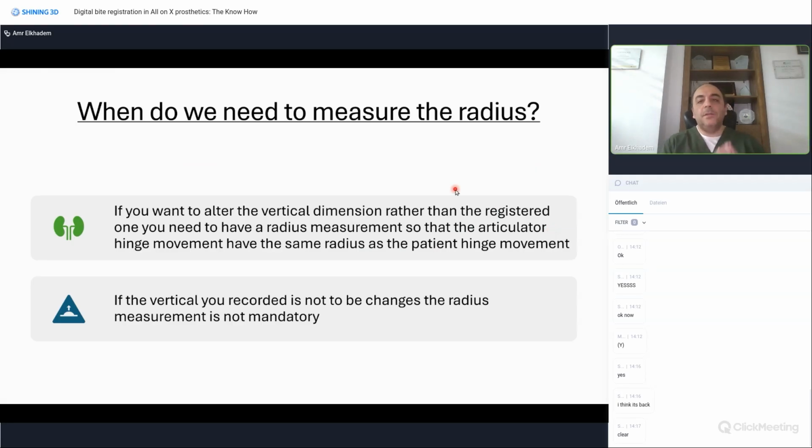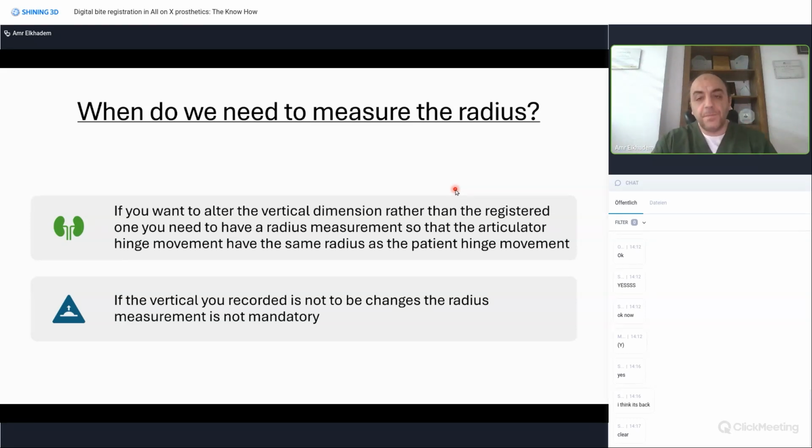So the first question here, do we need to measure this radius, which is the distance from the condyle to the mid-incisor point, for every patient? Really not. If you're taking your jaw relation records, you're taking the centric at an exact vertical dimension that you are not going to change during the course of the treatment, the measurement of the radius is irrelevant.